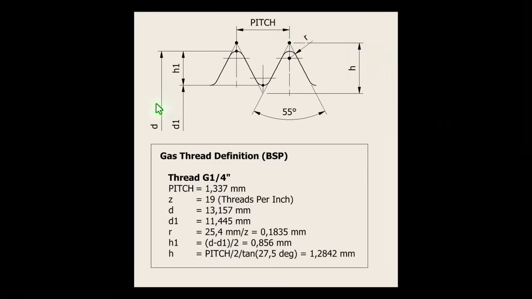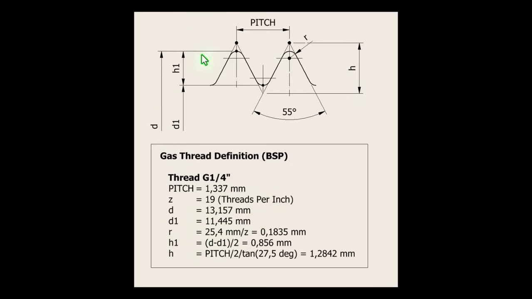I made a graphic presentation for this kind of thread. You see here dimensions D1 with dimensions for 1/4, H1, pitch, the angle, this is 55 instead of 60 for European DIN threads, and this dimension of H plus this one, which is a difference between these two. We have some expressions.